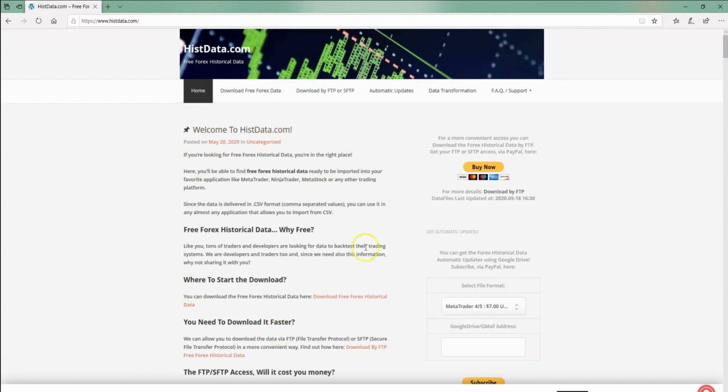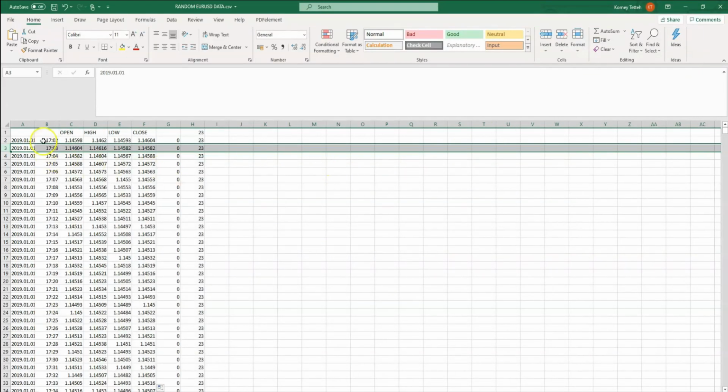here you can download historical data for the MT4 platform to the nearest tick, which is the smallest increment of price movement, but I'll be looking at 1 minute data, which gives you the exact same equity curve. So we've downloaded the data. It comes in a CSV file.